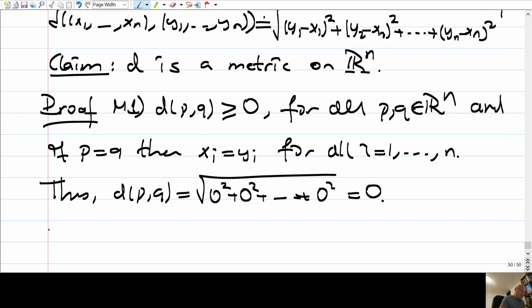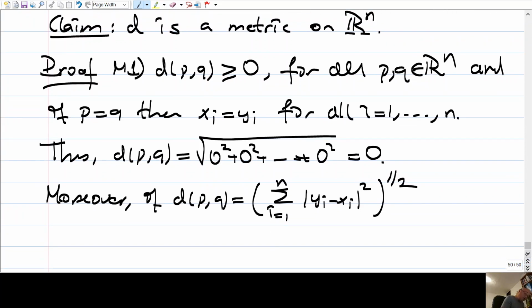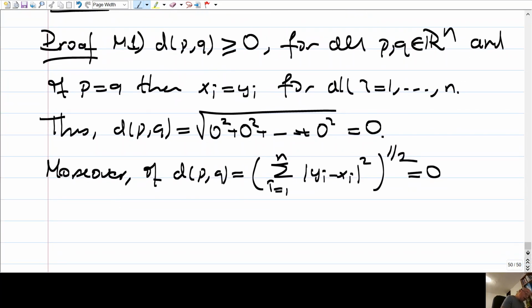And moreover, if d(P,Q) is 0, so if this is 0, maybe I should write it like this: the sum of yi minus xi squared, i from 1 up to n, and then I take the square root, right? So if this is 0, then of course the expression inside the square root is 0.